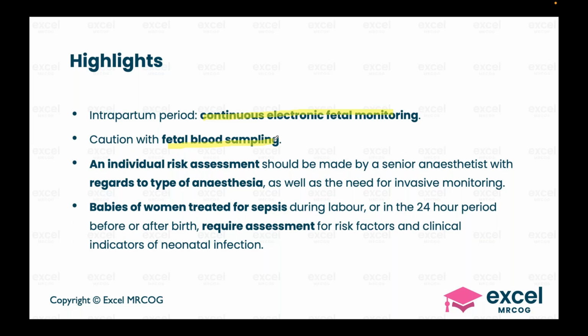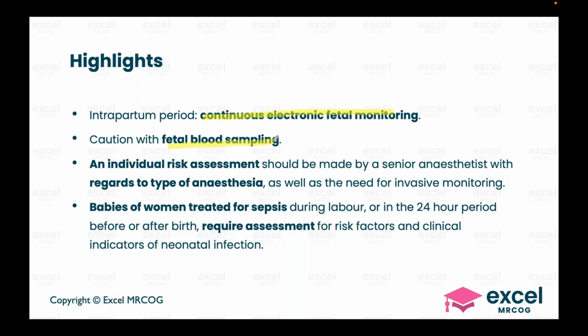An individual risk assessment should be made by a senior anesthetist with regard to the type of anesthesia. The older guideline clearly mentioned that regional anesthesia should preferably be avoided, because when we give regional anesthesia, we insert a needle into the spinal canal or epidural space, which can introduce infection up into the central nervous system.